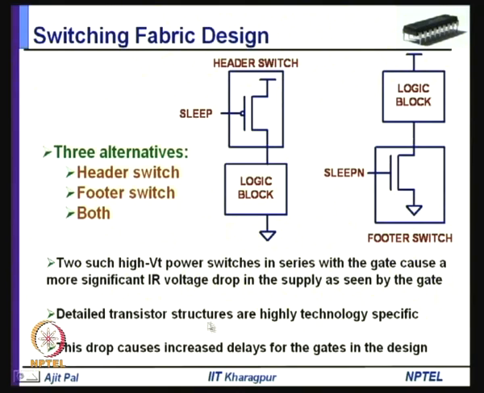So, detailed transistor structuring has to be done, and this is highly technology specific. This IR drop causes increased delays for the gates in the design. So, the switching fabric design is very complex, and you have to do it properly so that you get the benefit of the leakage power reduction technique.